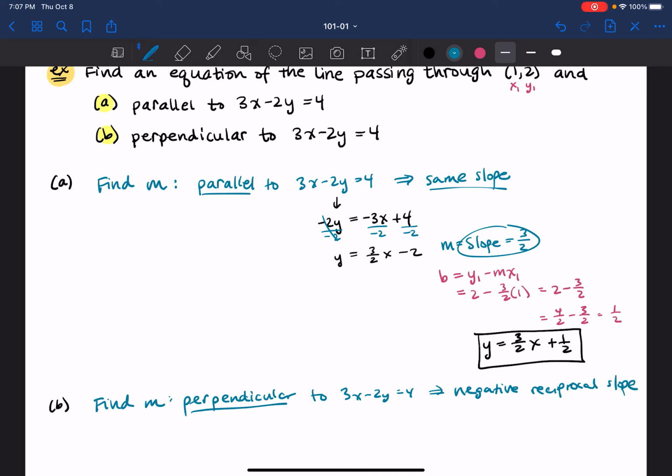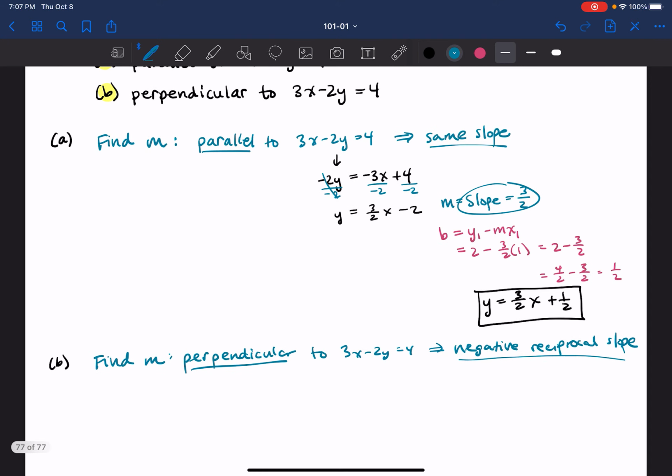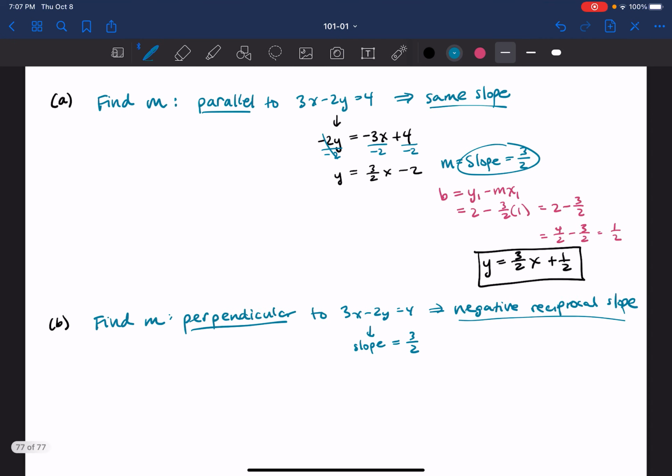We know that the slope of this is 3/2. So the perpendicular slope, the one we're looking for, is going to be -2/3. We flip the numerator and the denominator and negate. So here's our m.